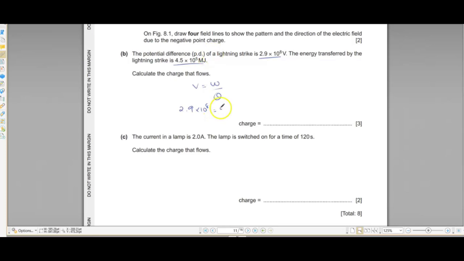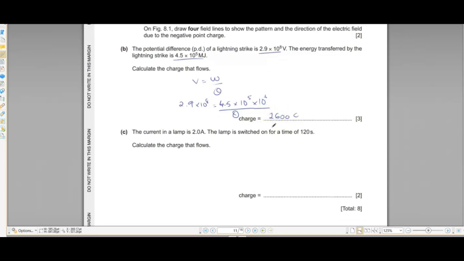And W we know is 4.5 into 10 raised to the power 5 into 10 raised to the power 6, because of this mega thing. Mega is 10 raised to the power 6, and Q. So Q is going to go there and 2.9 is going to come over here. And after we've calculated, we get a charge of 1600 coulombs.